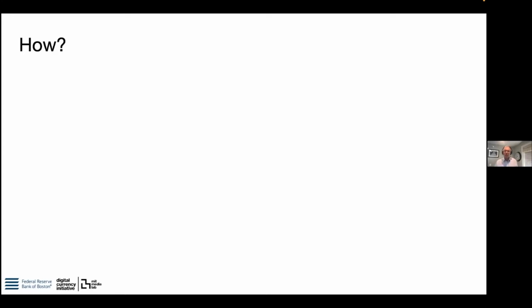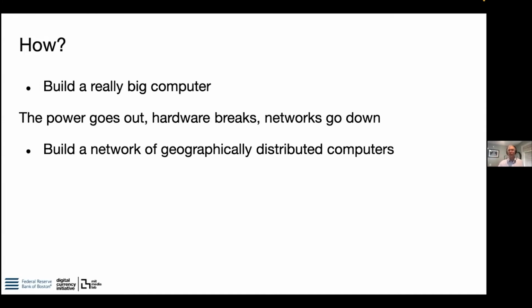So the question is, how do you do that? Well, the best way to do that is build a really, really big computer and stick it in the basement of some building and just do it all in one giant monolithic stack. Well, as we found out about that kind of thing, the power goes out, the hardware breaks, networks go down, et cetera. So what about building a network of geographically distributed components?